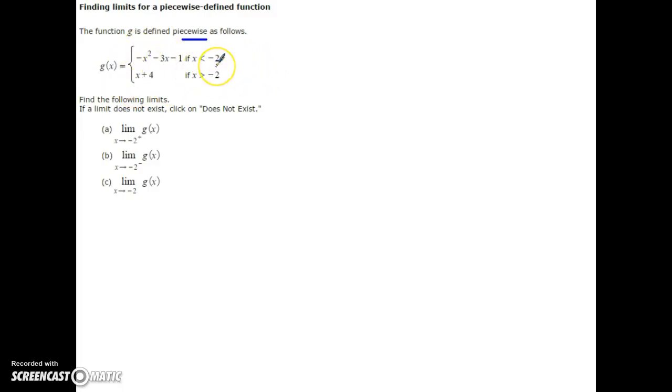If your x value is less than -2, we are gonna use this -x² minus 3x minus 1 as your g of x. Now, if your x value is greater than -2, then the g of x is that.